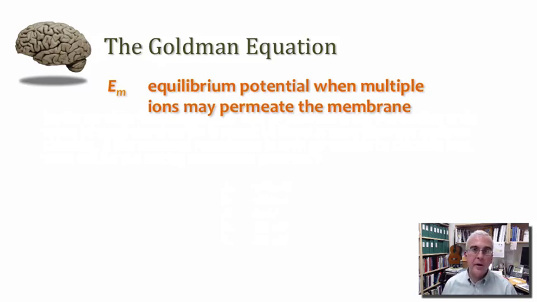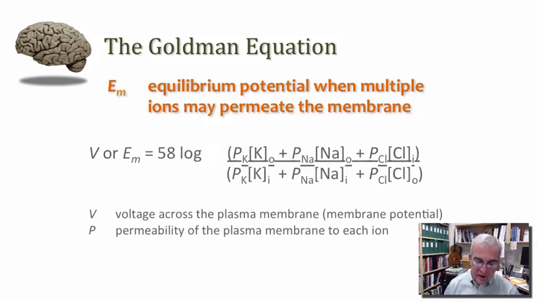Well, there's one more equation to introduce to you that allows us to do just that. That is to predict the equilibrium potential when multiple ions may permeate the neuronal plasma membrane. This equation is called the Goldman equation. And the Goldman equation really is an expansion of the Nernst equation that considers the situation when there are multiple permeant ions.